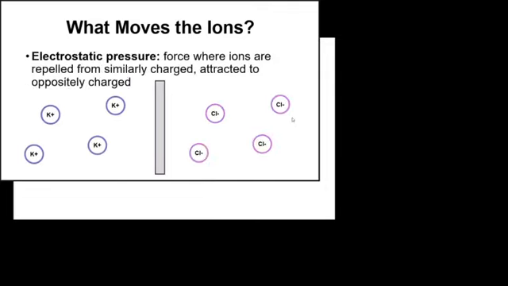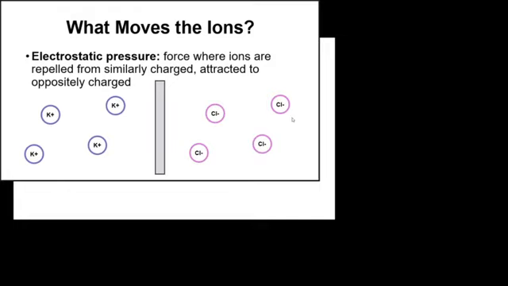The next thing is electrostatic pressure, and that's when the charge, not just wanting to be away from your own kind of ion, comes into play. It's also the charges. So here I've had our potassium on one side, the K pluses, our chlorine Cl minuses on the other side, but this could include other pluses and minuses. This is just a simplified version.